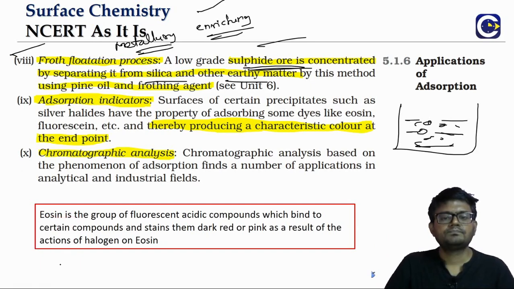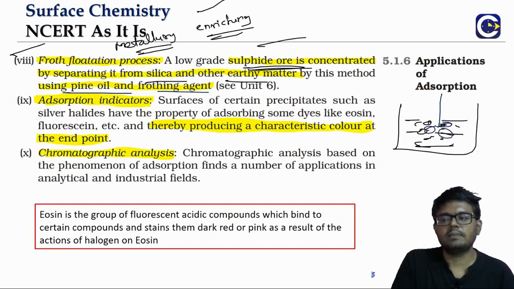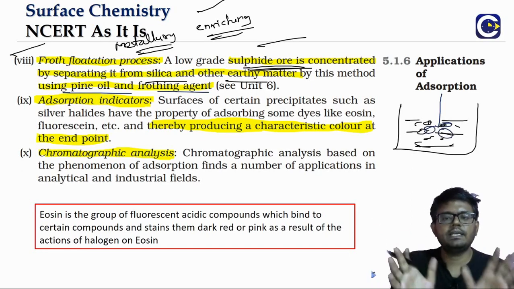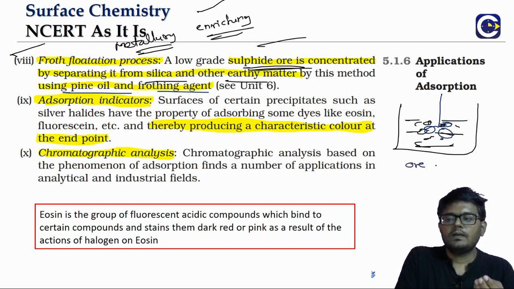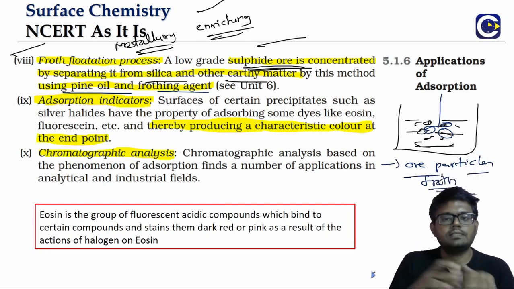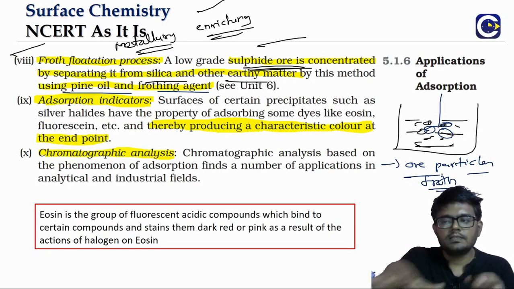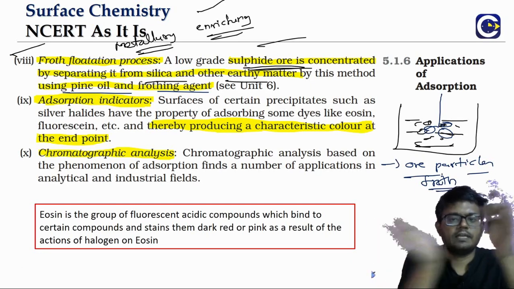and we will be using pine oil and frothing agent, and we will stir it basically. So we will talk about this in metallurgy, how the entire process will work, but basic idea is this: the ore particles, right, they will be able to adsorb to the froth, whereas the gangue particles and all, they will settle inside the frothing chamber itself, and the ore particles, they will come along with the froth and they can be taken out.